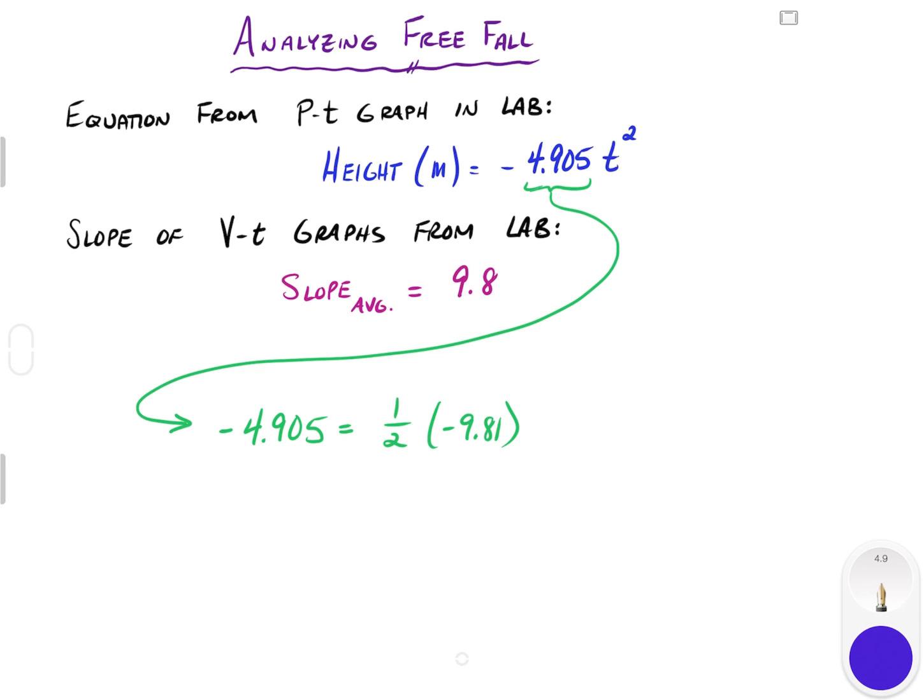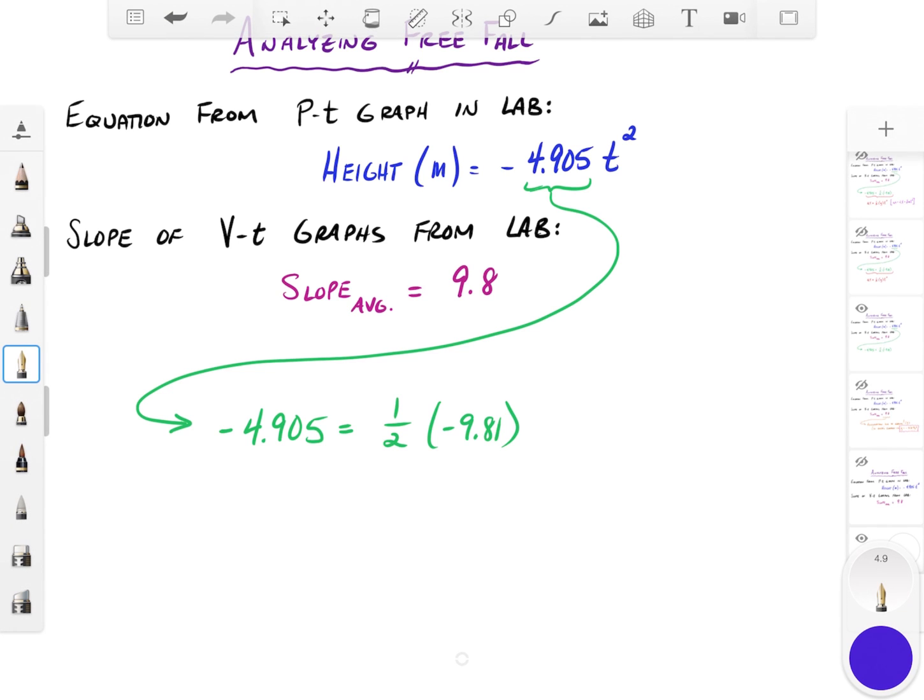The height above the ground was based on how quickly gravity was pulling that object down. And there's a reason why each of these graphs that we generated produced this connection. Let's see if I can get this correct.